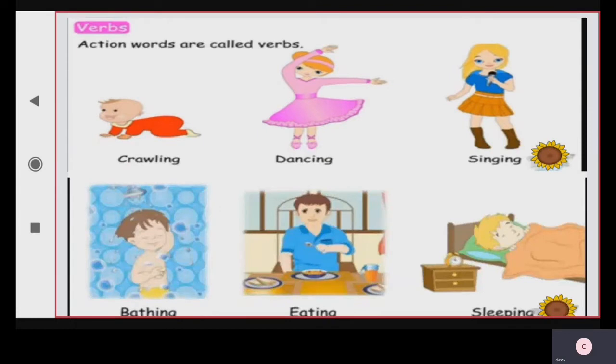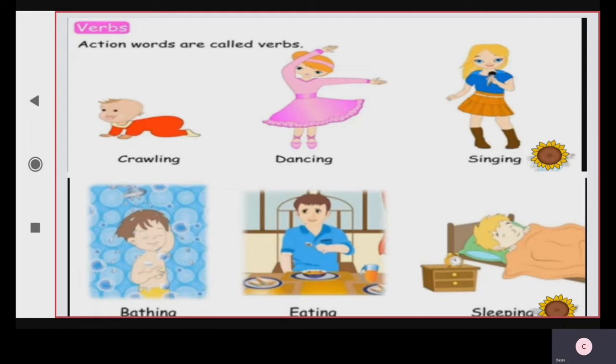Children, verbs are a very important part of English. A verb is the main part of the sentence. A verb is a word that tells us what somebody or something does. In other words, a verb describes an action.